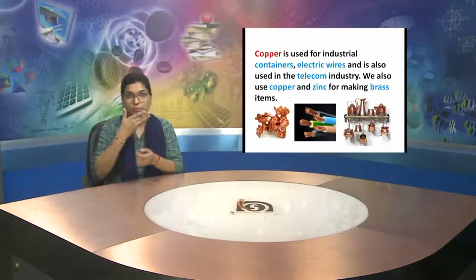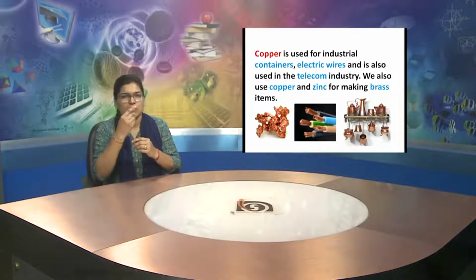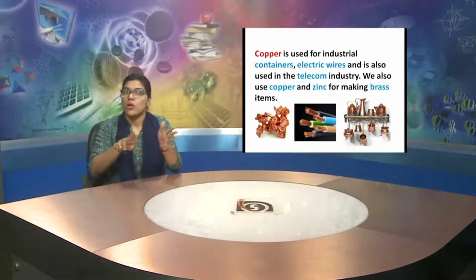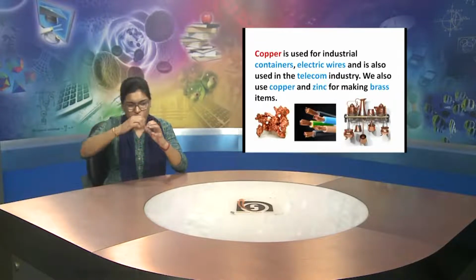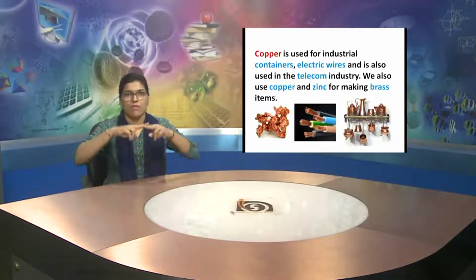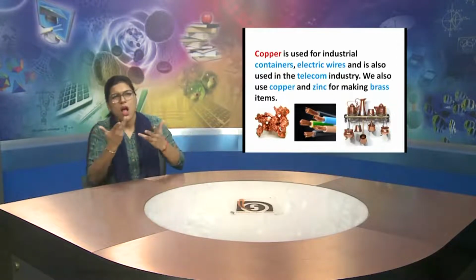Another metal is copper. We know copper is a bit red in color. You can see the image on the screen. This is used for industrial containers, electric wires, and it is also used in the telecom industries.